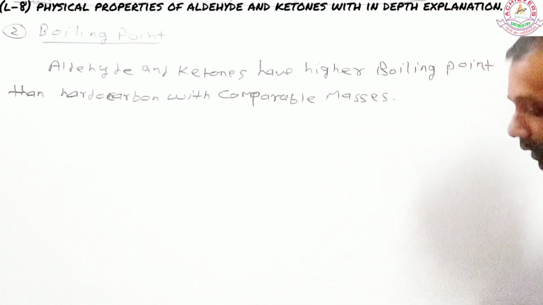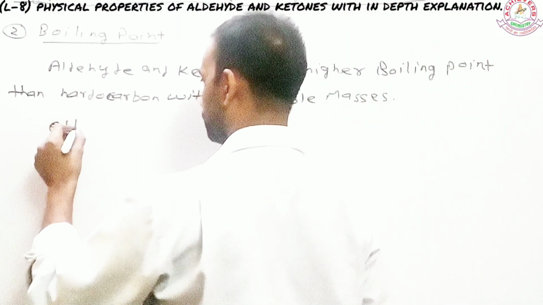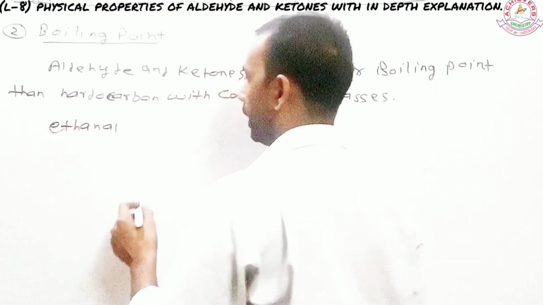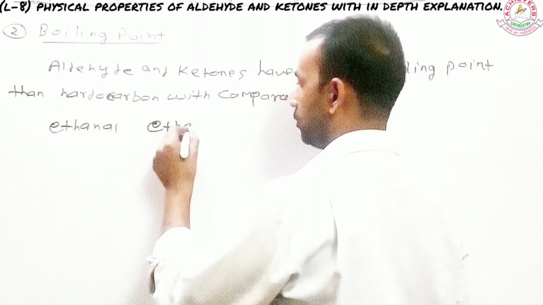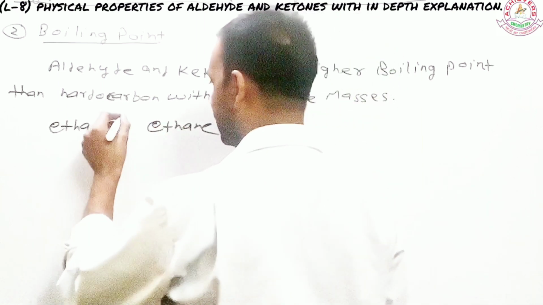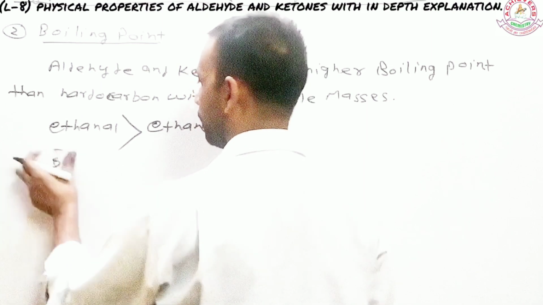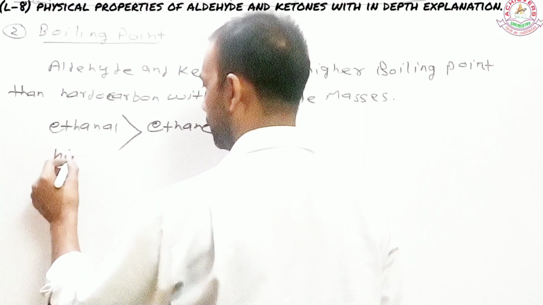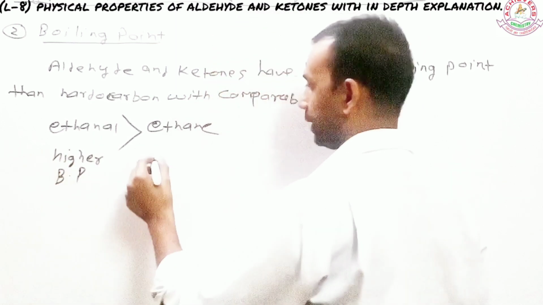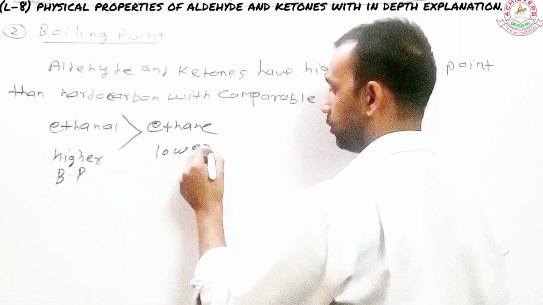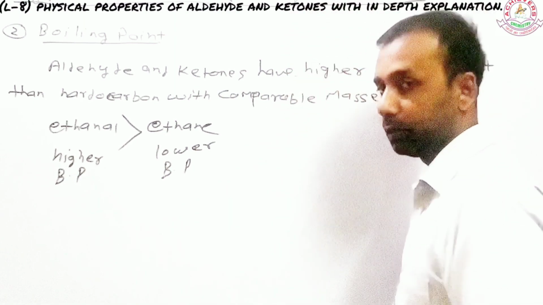What does that mean? Take an example: ethanal compared with ethane. Ethanal has a higher boiling point, and ethane has a lower boiling point. I write boiling point as BP.